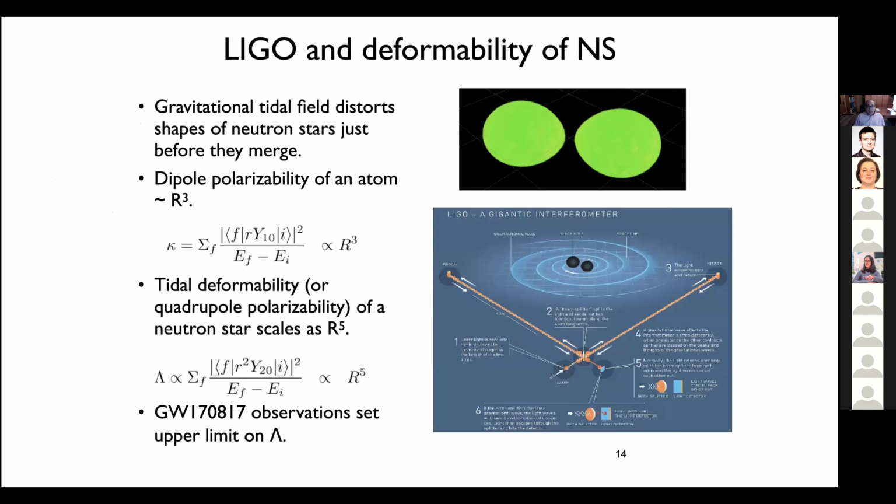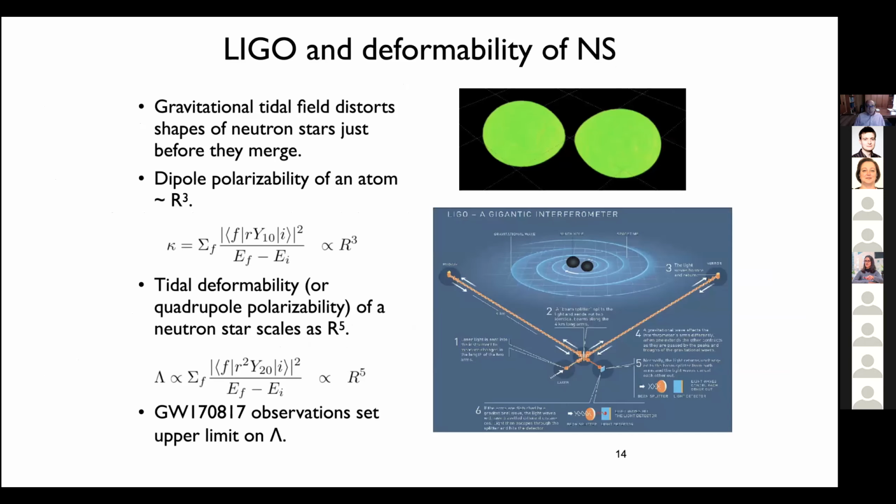Great, so just a couple words on the deformability. If you start in the ground state, excite with the quadrupole tidal field of the other neutron star, that matrix element goes like the size of a neutron star squared. You square the matrix element, so that's the radius of the neutron star to the fourth power. You divide by an energy denominator. For a gravitational system, the energy denominator scales like 1 over the radius of the star.